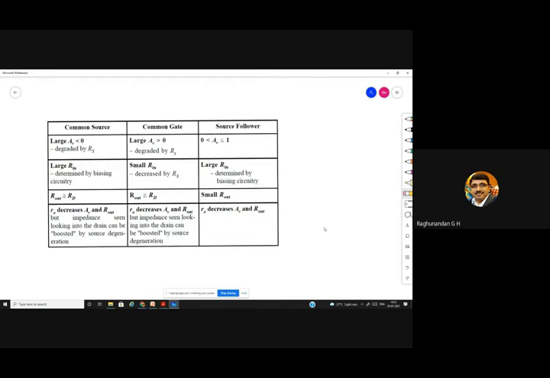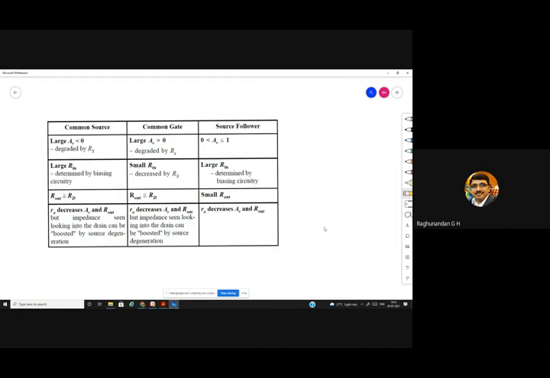In the source follower, Av will be in the range of 0 to 1. But in the common gate configuration, it is degraded by Rs, and here also it is degraded by Rs.